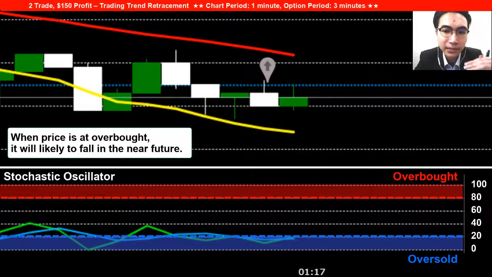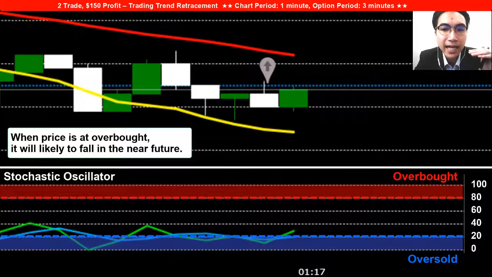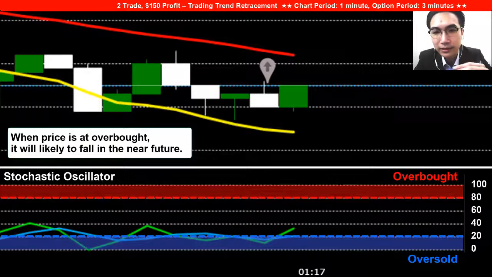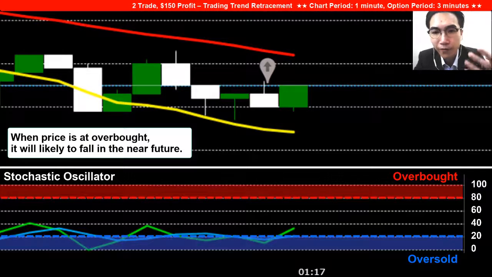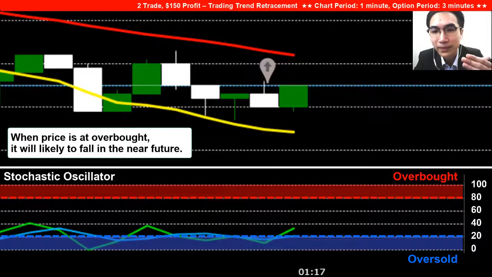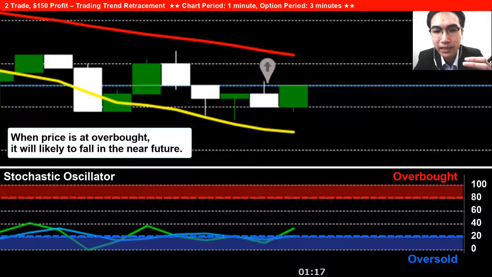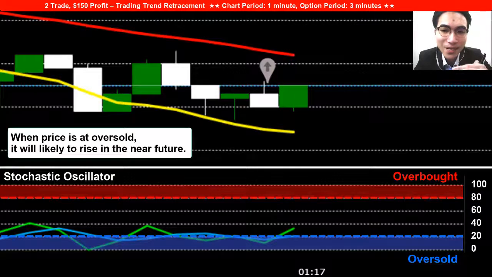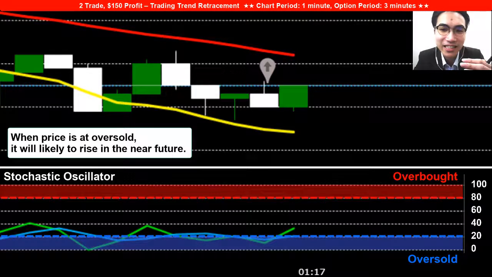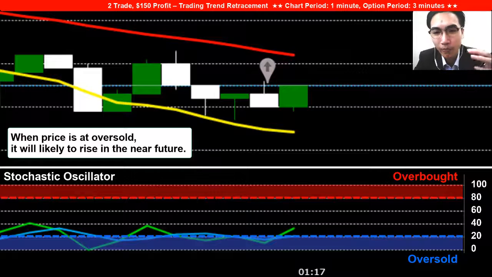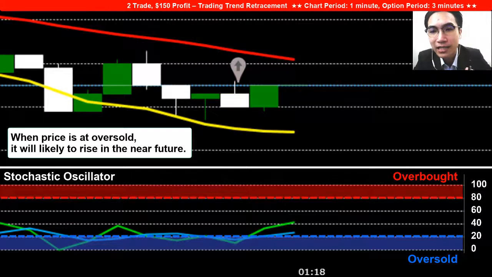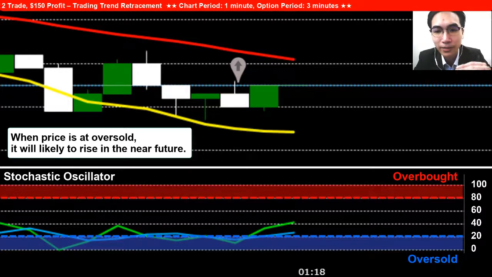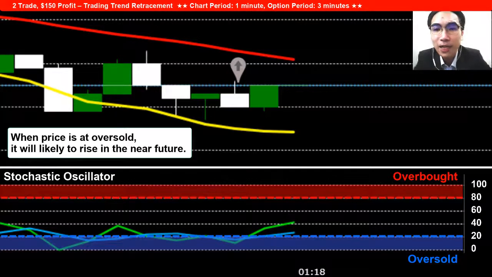When the price is within the overbought area, there is a high chance for it to bounce back down, because the strength of the upward movement is too strong, and the market will try to bounce back down. On the other hand, when the price is within the oversold area, there is a high chance for the price to bounce back up.